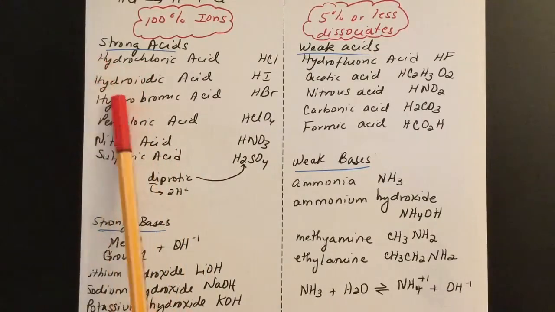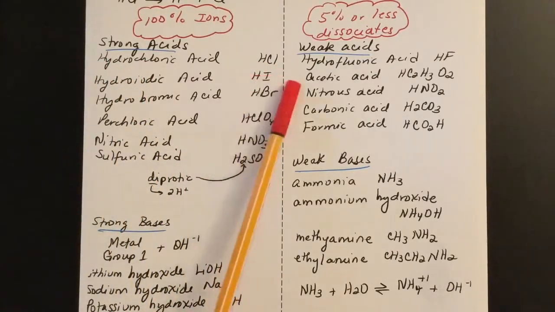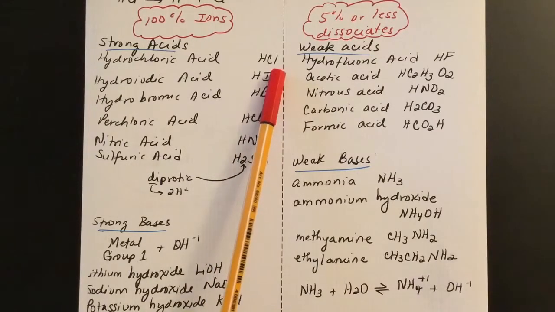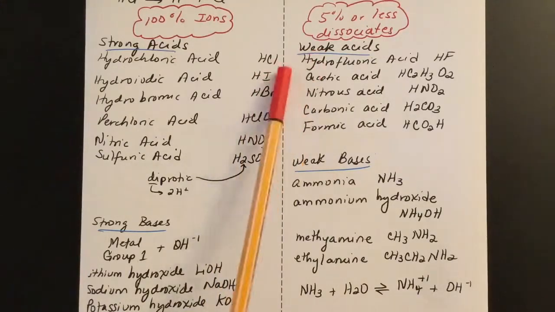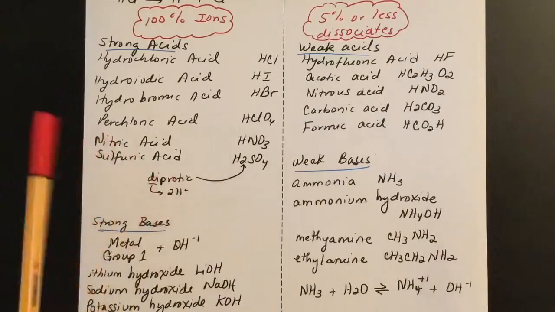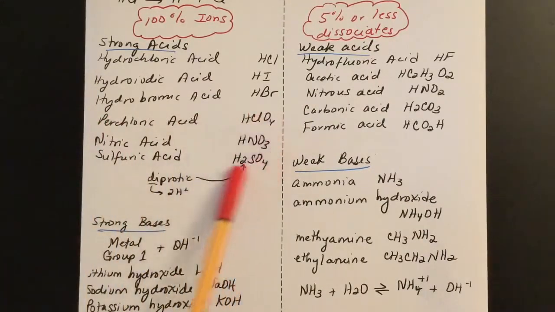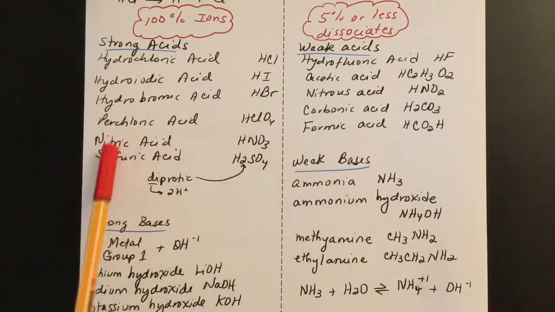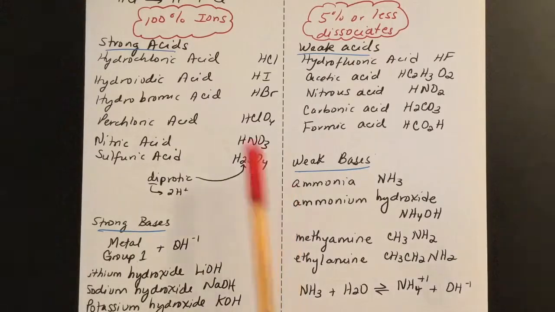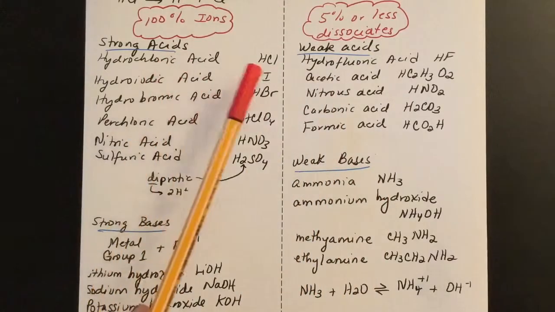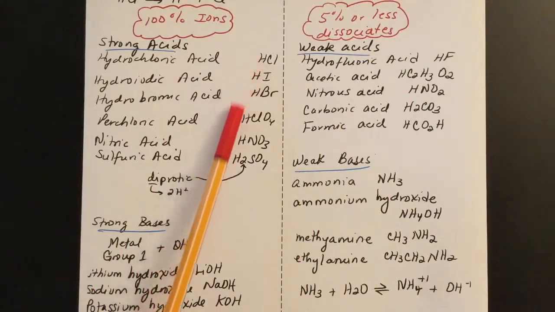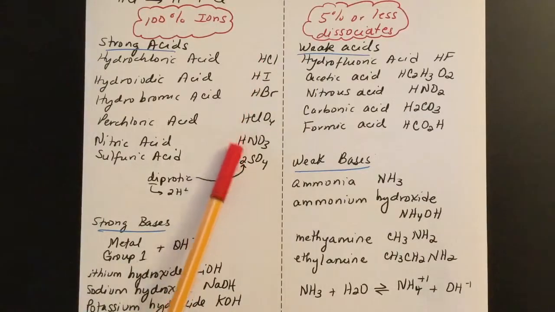The first 3 here are binary acids, where you have just the proton with a halogen, in this case Cl, I, and Br. And the 3 that you have down here, perchloric, nitric, and sulfuric, are oxyacids. You have a polyatomic ion with a proton, and you have oxygens for all of them. Now, if you look at the first 5 here, for all of them you have only 1 proton.